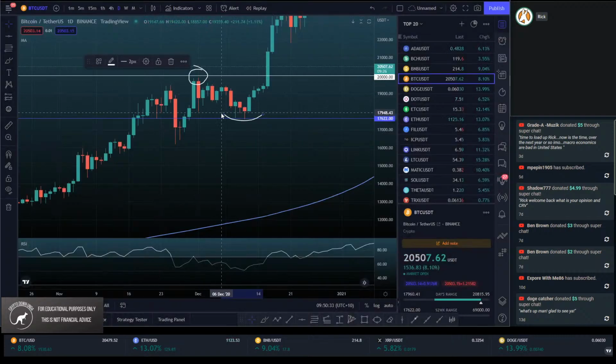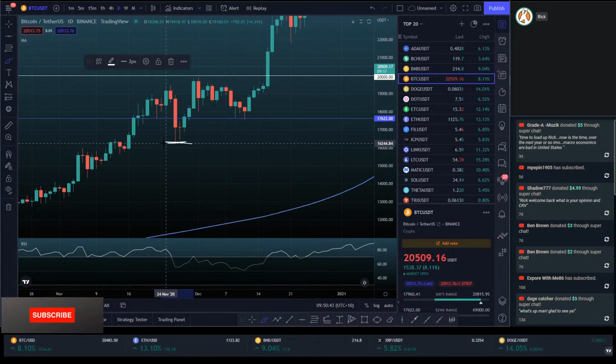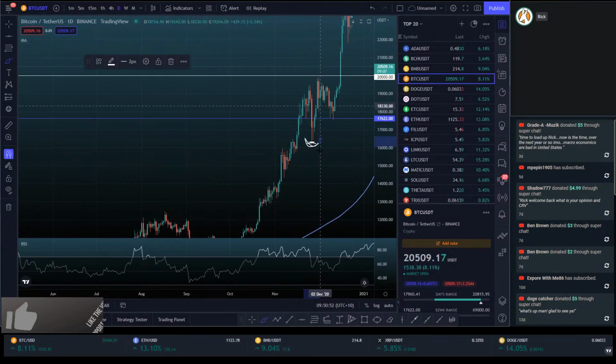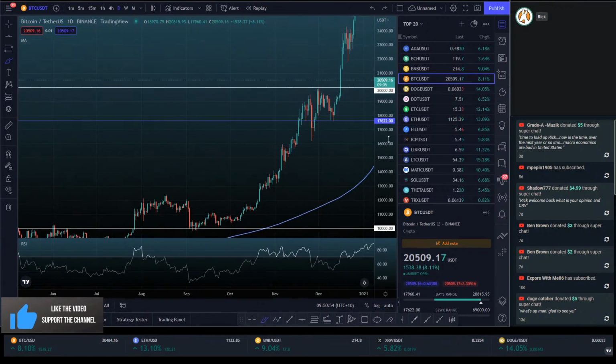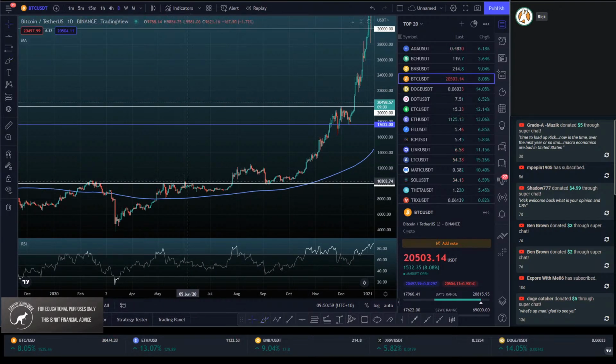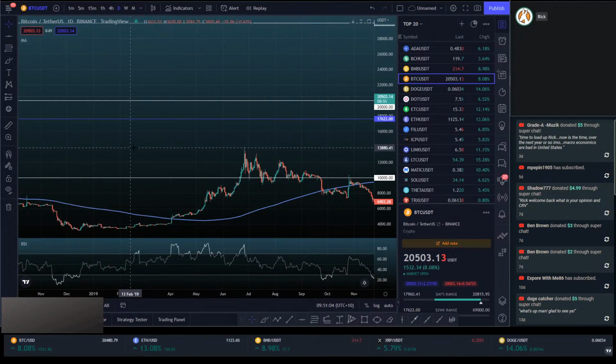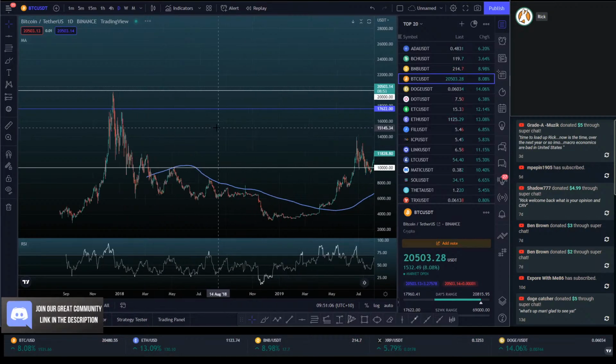Now, if we lose that support in the current time, there is another level here as well, which is 16,250 roughly. We'll just call it 16K just to round it off. But yeah, after that, let's see what other kind of supports we're dealing with. So why was that $17,600 a level?